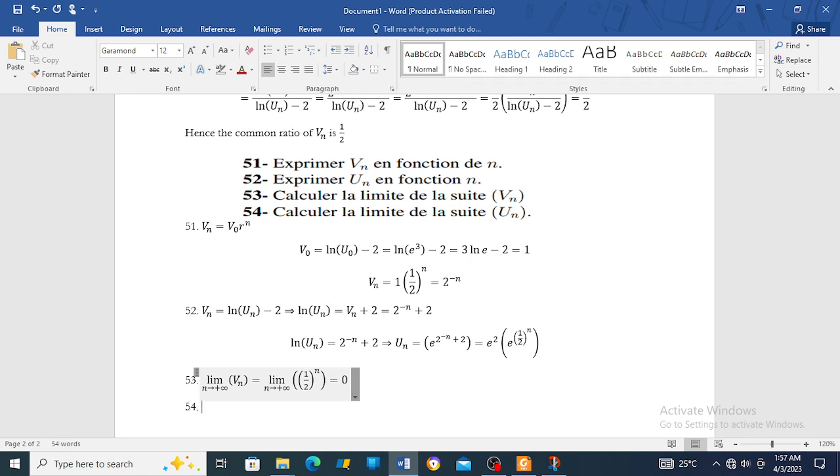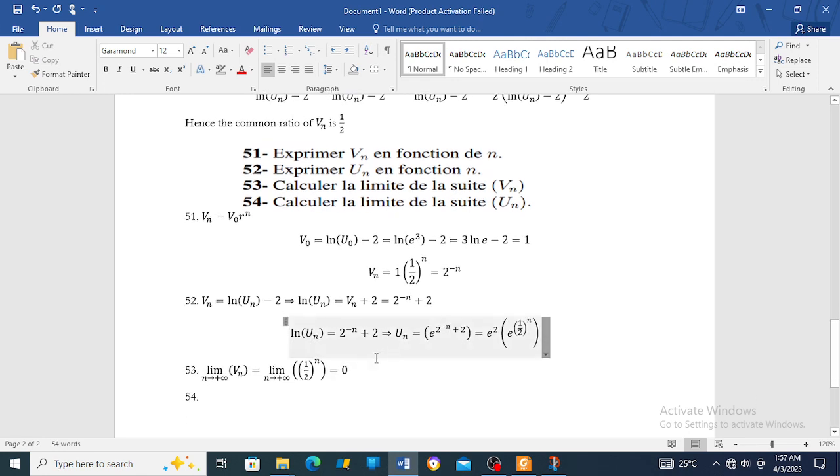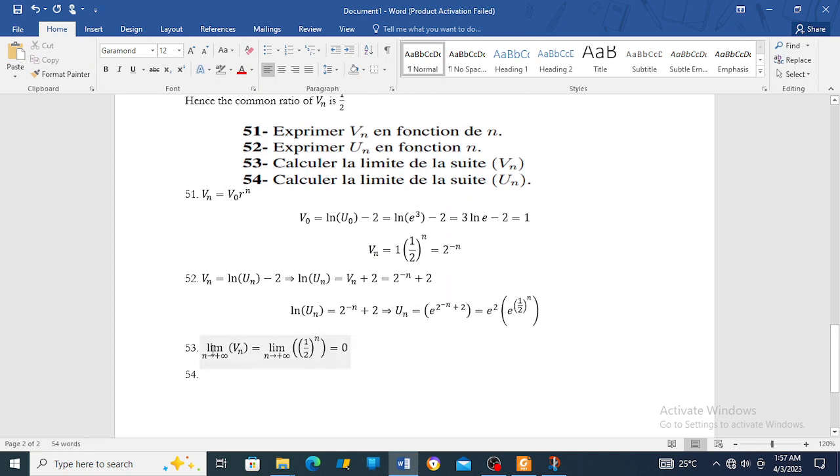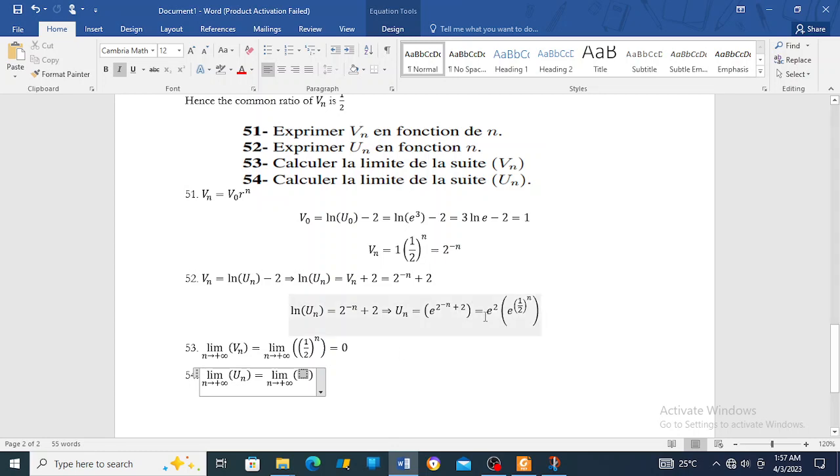And finally, 54, calculate the limit of the sequence u n. So the limit of u n is the limit as n tends to infinity. What is our u of n? This is our u of n. So we have this.